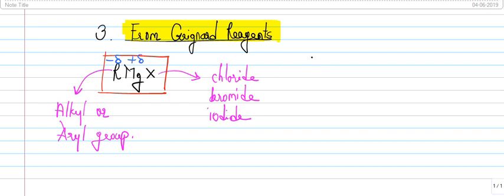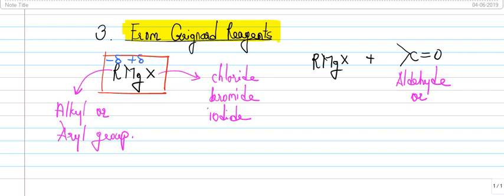What we can do is we can take a Grignard reagent like this and we can react it with a carbonyl compound, which can be either an aldehyde or a ketone. So let us call this an aldehyde or ketone.